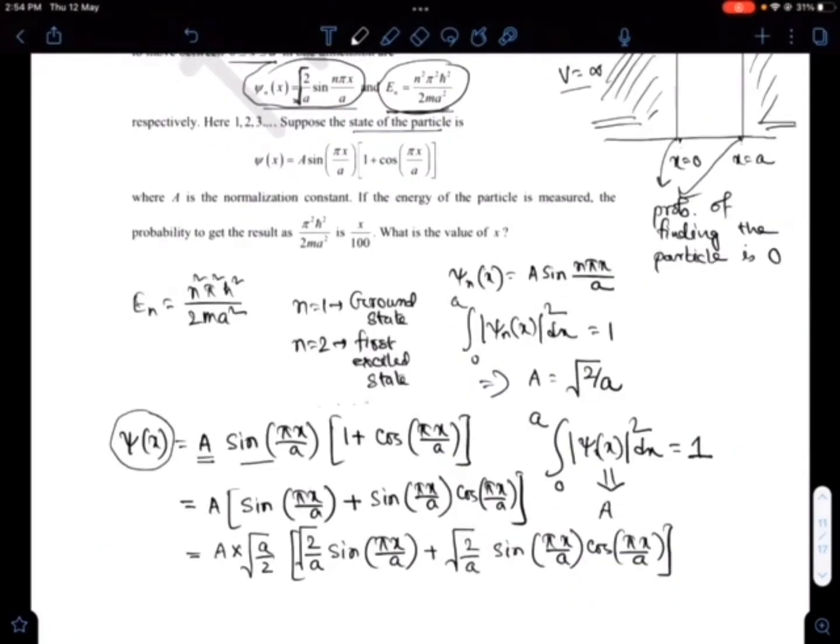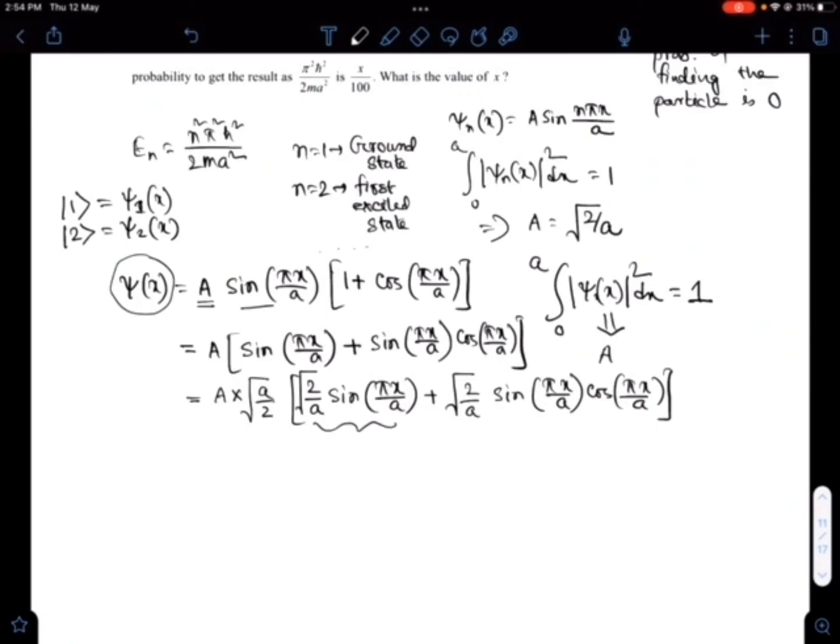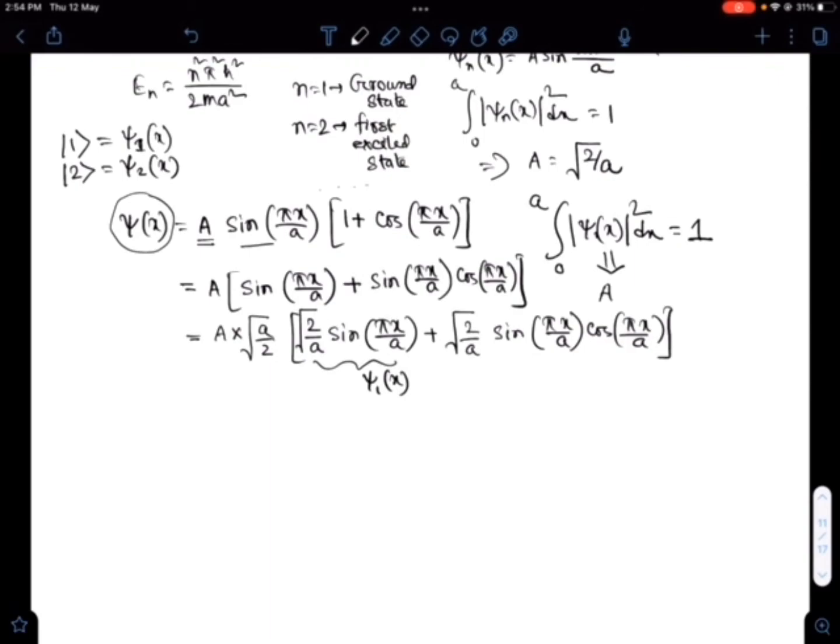So we can write |1> as psi 1 x, and in bracket notation we can write |2> as psi 2 x. If you observe this, this is our psi 1 x, and the second term, with a little bit of manipulation, we multiply by half, and this will be 2 sine a cos a.